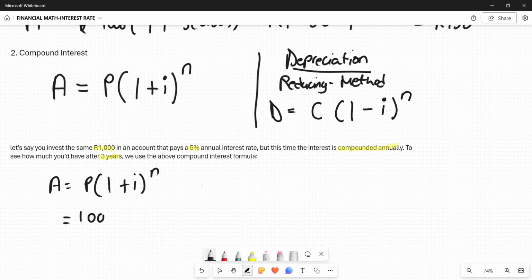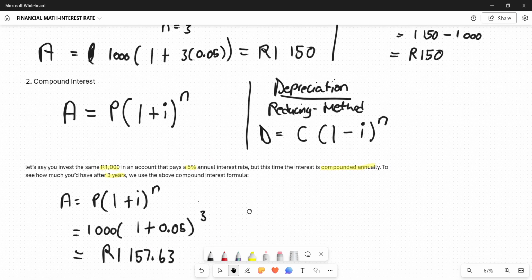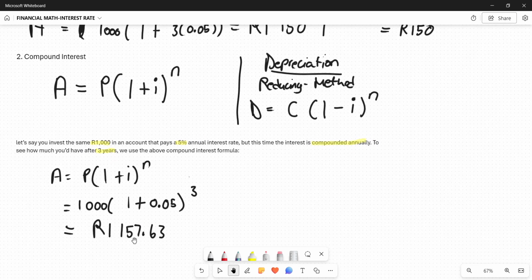So it's 1000 times 1 plus 0.05 to the power of what? 3. Let me calculate it. So now it gives us 1157.63.